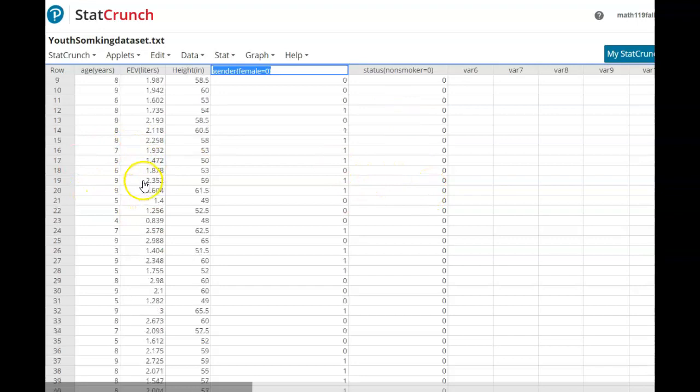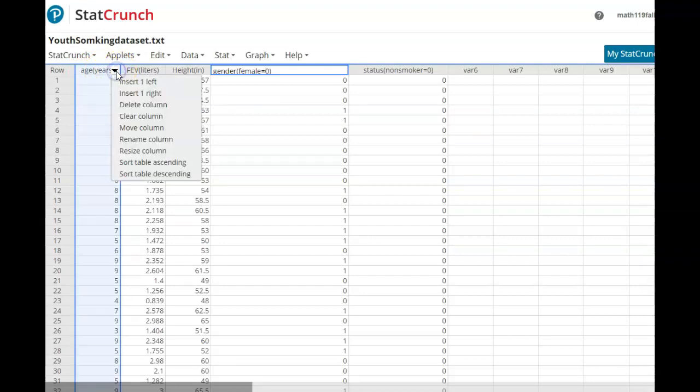If you need to rearrange the data to look at it in more detail, like if you wanted to see what the ages were for the kids, if you hover over the description age and you can see this arrow down, if you click on it, then you can sort the table. So sort ascending or descending.